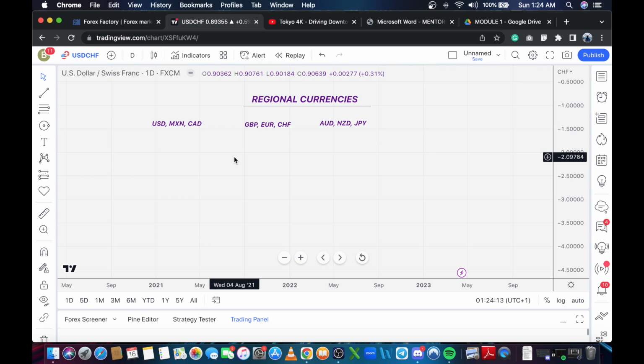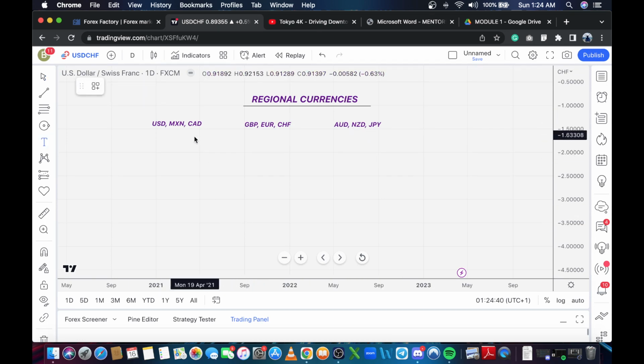But recently, and by recently I mean this month and late last month, there's been a huge shift away from the dollar to other currencies. I'm not sure in the future the dollar is going to be the reserve currency of the world, but right now it still is, and any pair from the listed ones above that's paired up against the dollar, we call them majors.